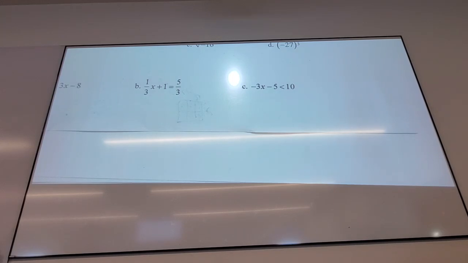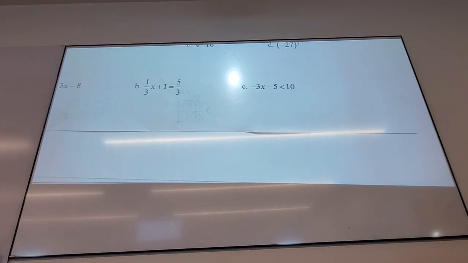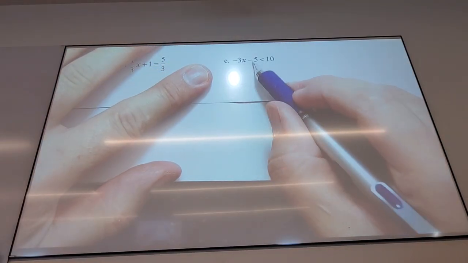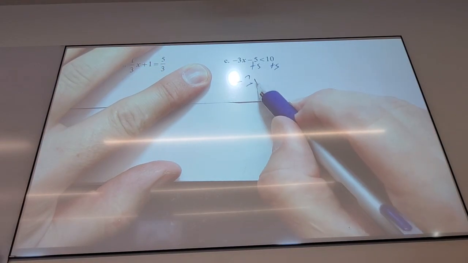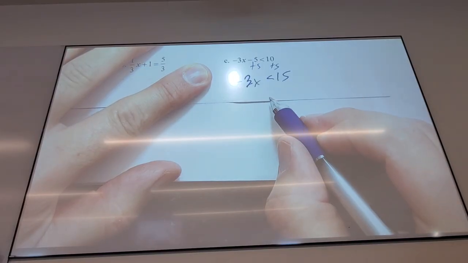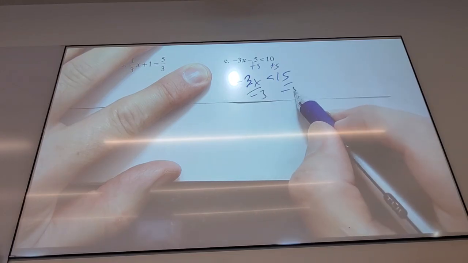So if you are in the process of solving an inequality and you multiply or divide by a negative, like what's the first step here to solve for x? Add 5. And then what do I have to do? Did I divide by a negative?